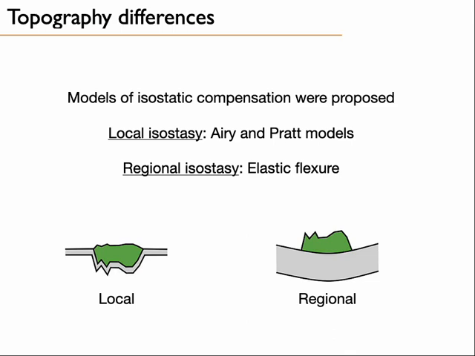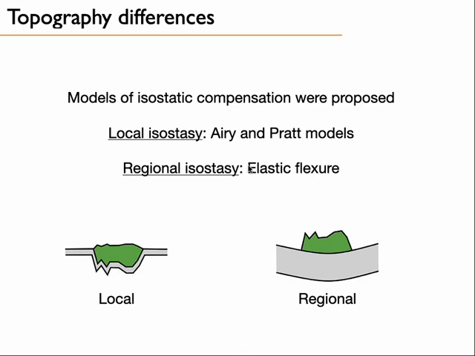So there are models of isostatic compensation, and these were proposed by different authors. The first family of models are called local isostatic models, and we will discuss the Airy and Pratt models. A second family of models are called regional isostatic models.